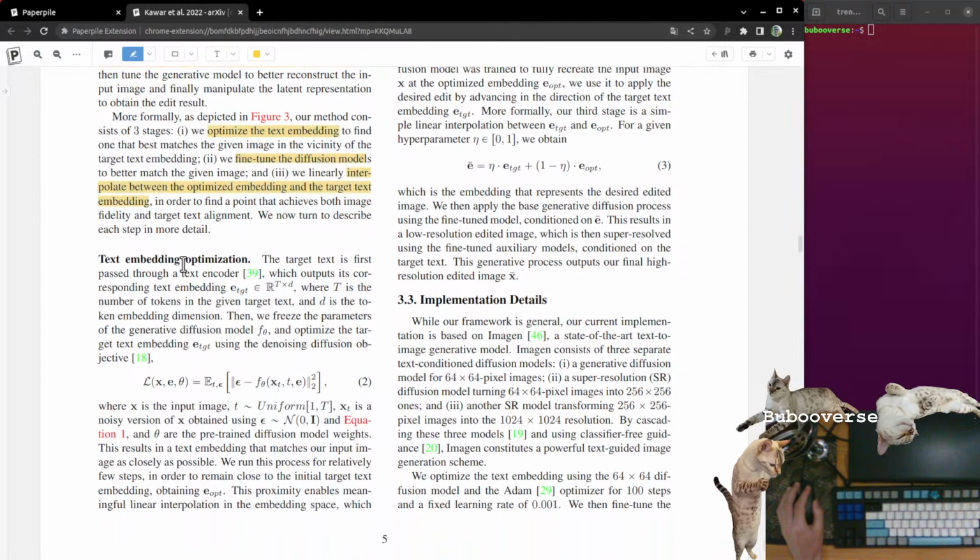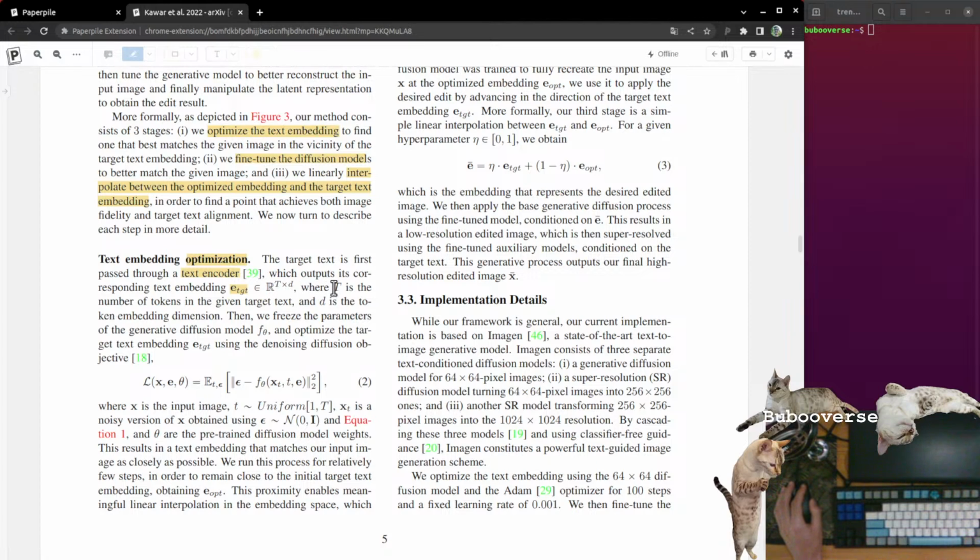Okay, so let's actually learn what this optimization means. The target text is first passed through a text encoder, which outputs its corresponding text embedding, the target text embedding. And this is basically this little horseshoe with a line through it, this letter E. What this is telling you is the dimensionality of this embedding.